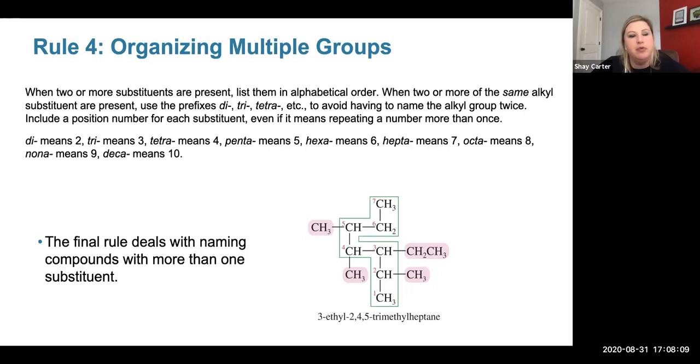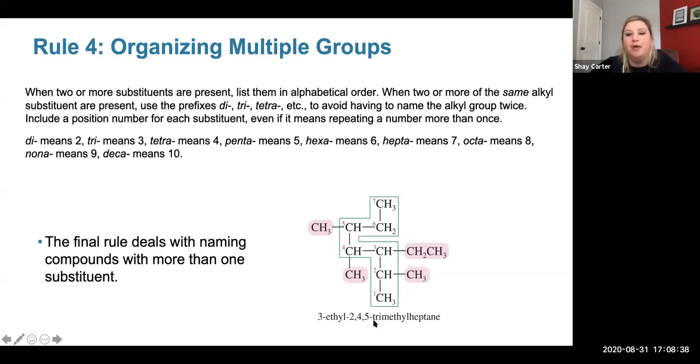So here are all of the prefixes that go along with that. And this final rule deals with naming compounds that have more than one of the same substituent. Okay, so we looked at this example before. We have 3 methyl groups, okay, and an ethyl group. Ethyl comes before methyl, so our ethyl is on carbon 3, so we write 3-ethyl, and then 2, 4, 5-trimethyl heptane.